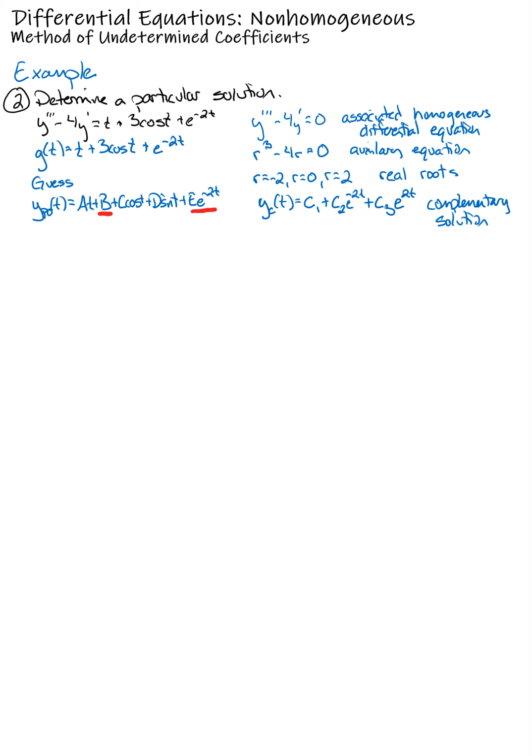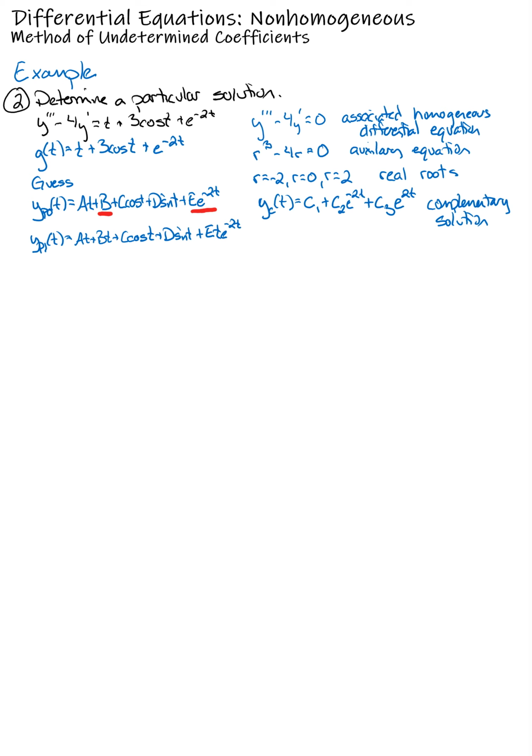So in order to fix this, we'll make another guess. We'll call it y sub p1 of t. And all I'm going to do is multiply these terms by t. So I have at plus bt plus c cosine t plus d sine t plus uppercase E t e to the negative 2t.